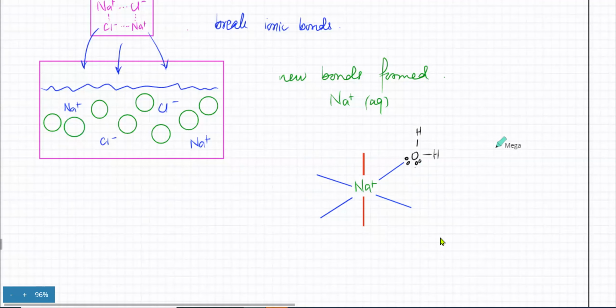And from all sides, water molecules are going to come in, and the lone pairs would be attracted to these sodium ions. So just let me draw all of this.